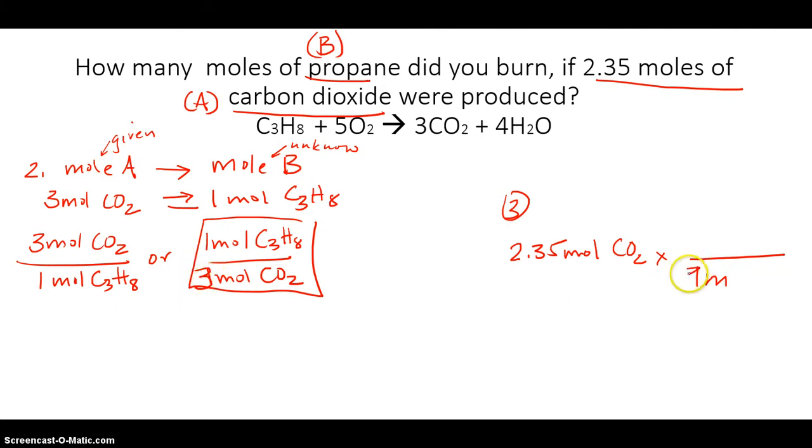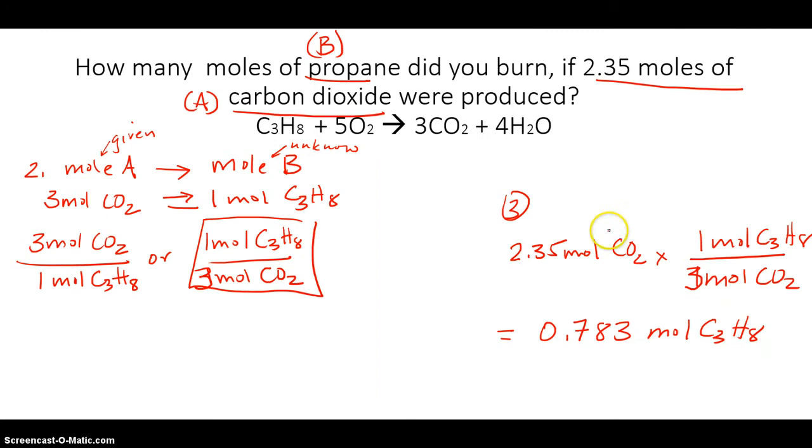So that means that we have 3 moles of CO2 for 1 mole of C3H8. If I do that calculation, this time I'm not multiplying, I'm actually dividing, so that I have 0.783 moles of C3H8. Let me go ahead and cancel those values out so that it makes it clear.